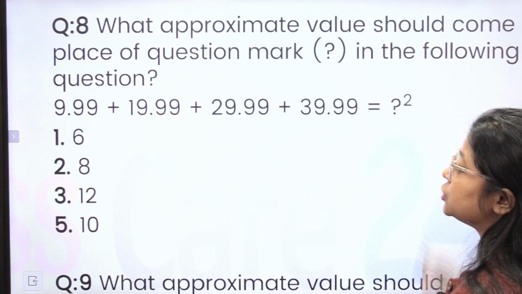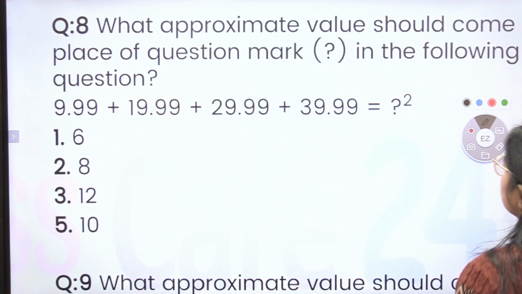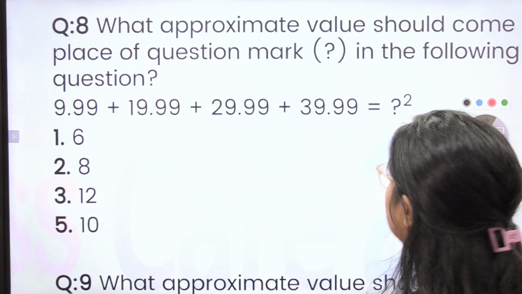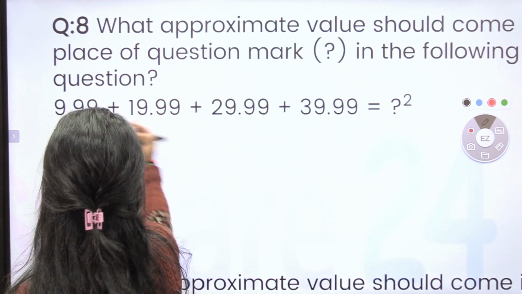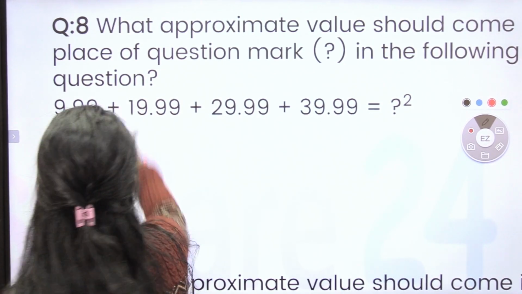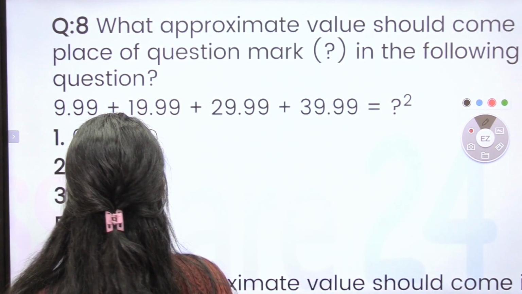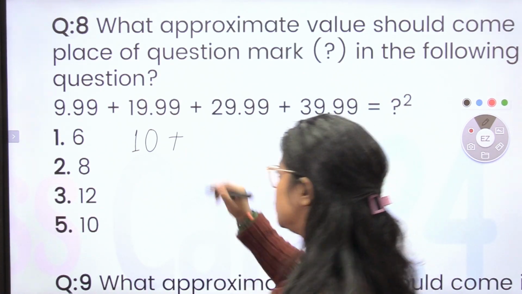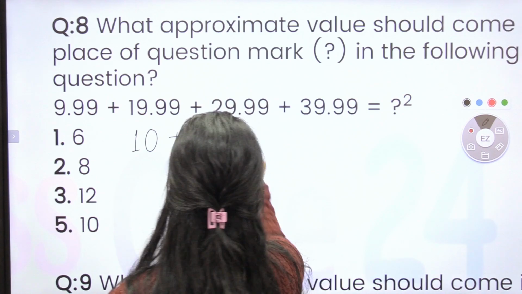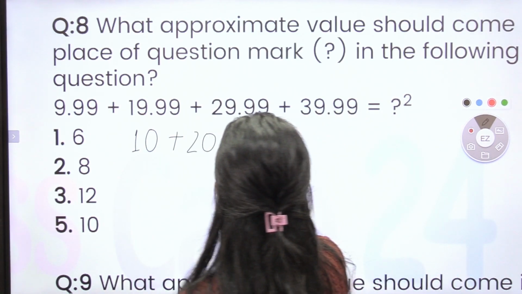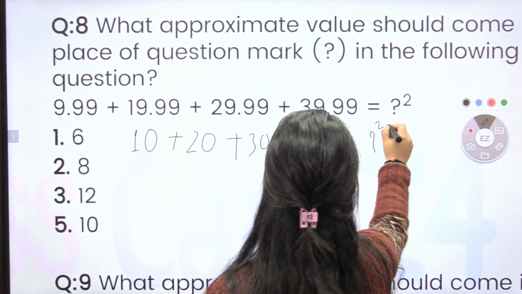Let's come to the next question. So here you have 9.99, that means 10. That means 10 plus, it will give you what? 20, because 19.99 will give you 20, plus 29.99, 30, plus 40 is equal to question mark square.